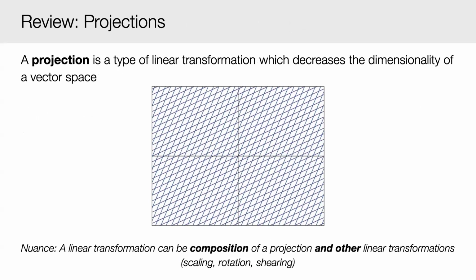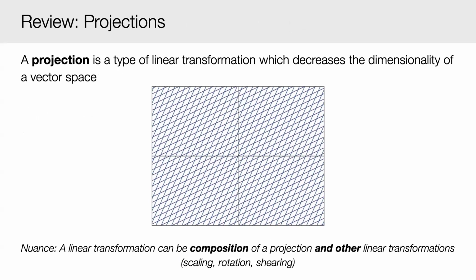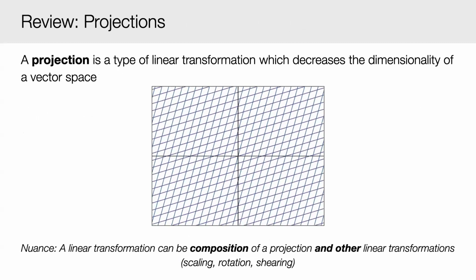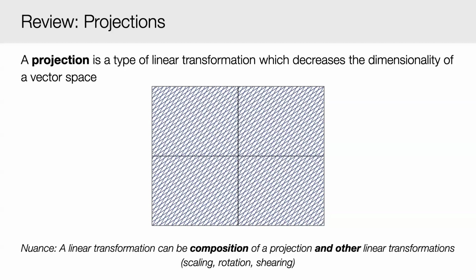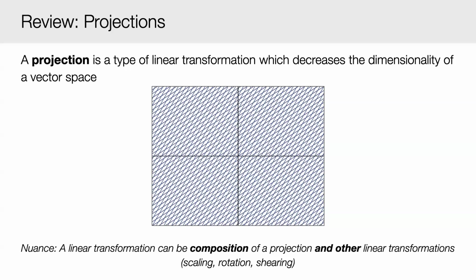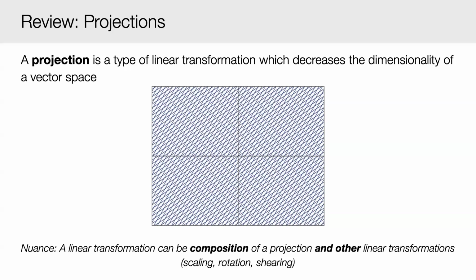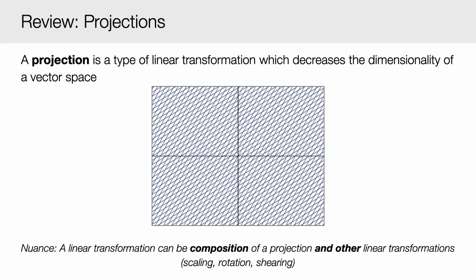Furthermore, we have projections. So this is a kind of linear transformation which decreases the dimensionality of a vector space, right? And a little bit of nuance, also from last time, is that a linear transformation can be a composition of a projection as well as other linear transformations, which include things like scaling, rotations and shearing.